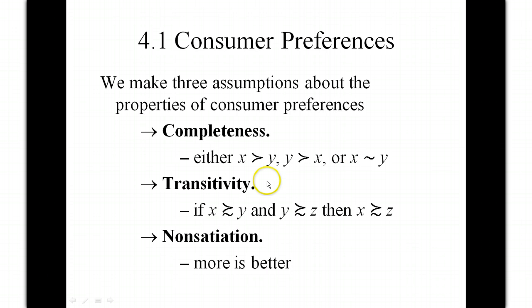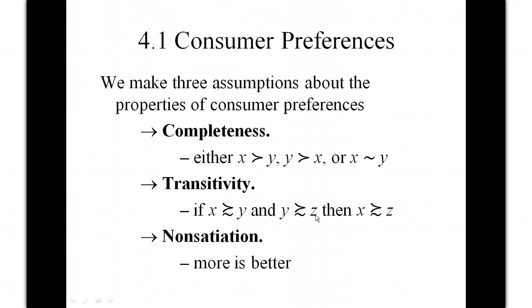The second assumption we make is the assumption of transitivity. And this is the key one for consistency. If X is at least as good as Y, and Y is at least as good as Z, then transitivity implies that X is at least as good as Z. So if you prefer apples to oranges and prefer oranges to bananas, you should prefer apples to bananas.